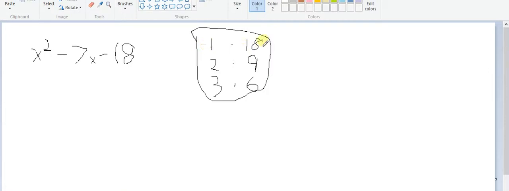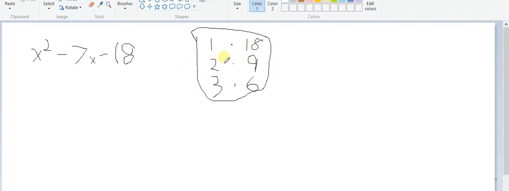You multiply them, you get negative 18, but when you add them together, you get 17, which is not equal to this, so that's not the answer. How about if we make the 18 negative? We still get negative 18, but when we add these together, we get negative 17, so that's not the answer. Okay, so we'll move on to the next one.